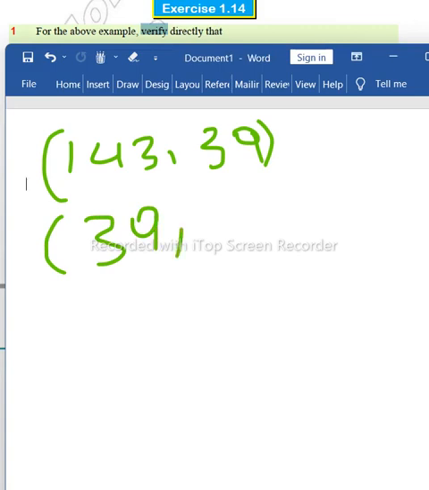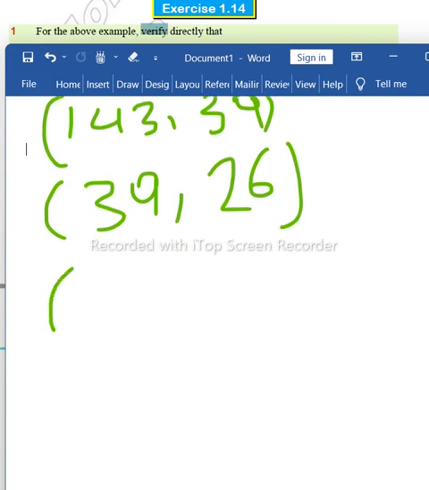When we divide 143 by 39 we get 3 and the remainder is 26. Again we move on to divide 39 by 26.